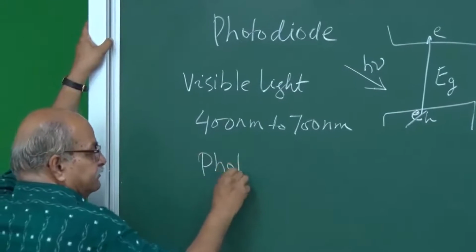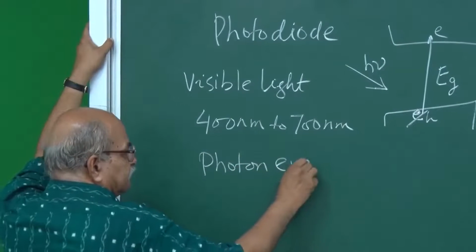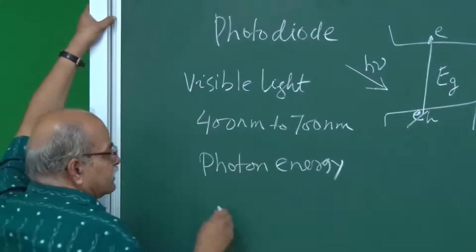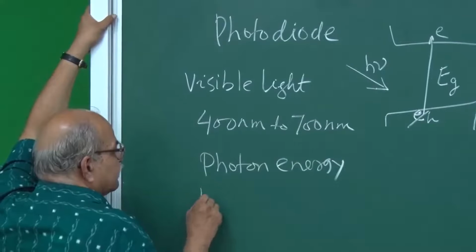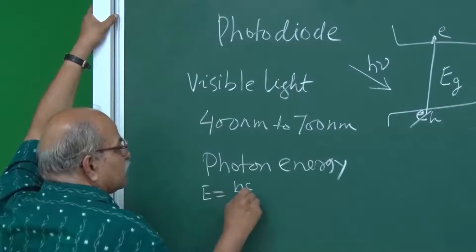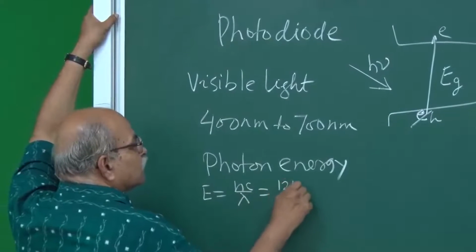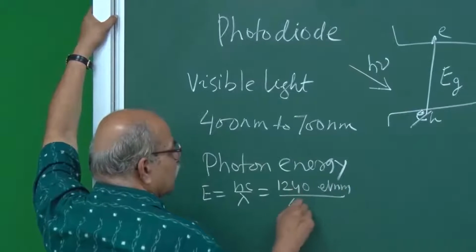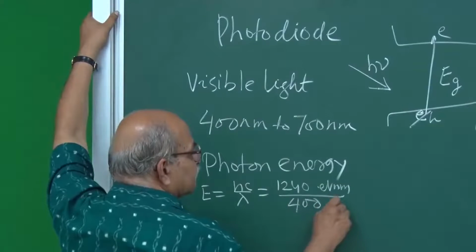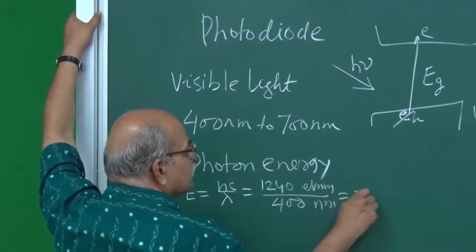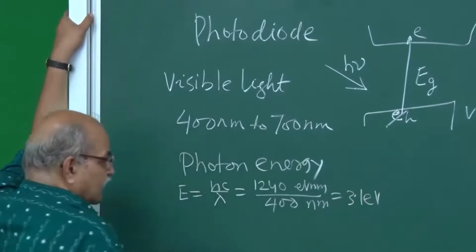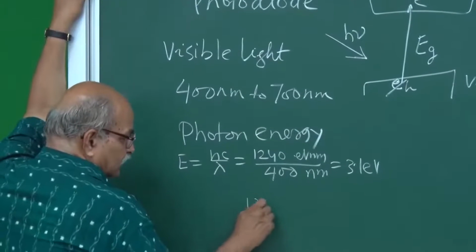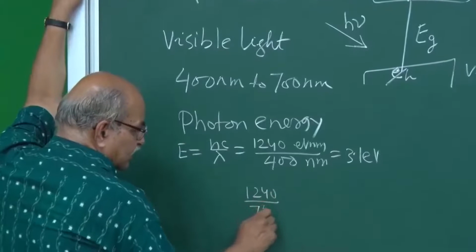The photon energy corresponding to this visible light will be hc over lambda, 1240 eV nm over say 400 nm. That will give me 3.1 electron volts, and then for 700 nanometers, this is 1240 over 700.